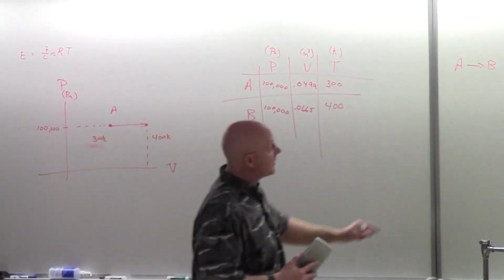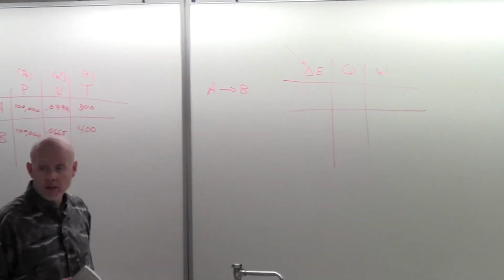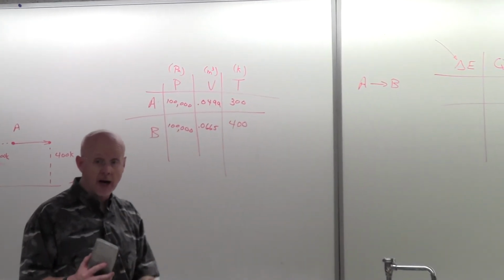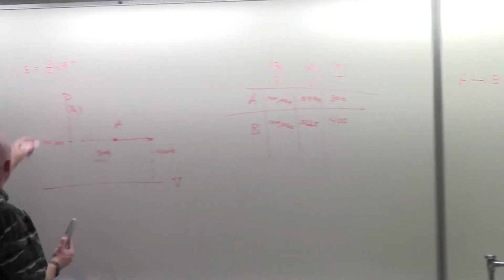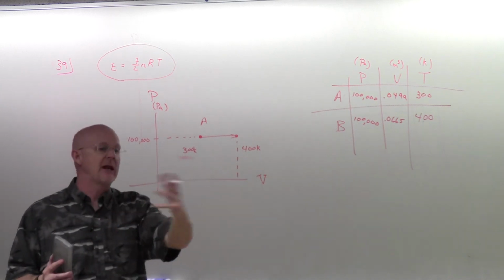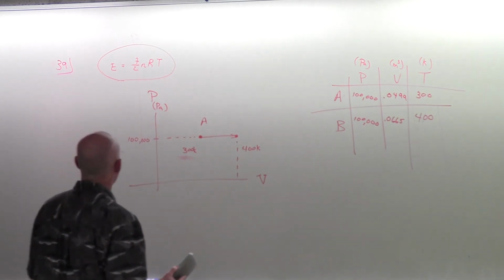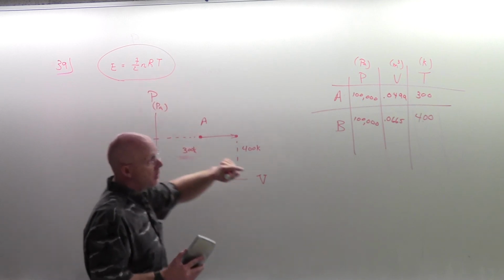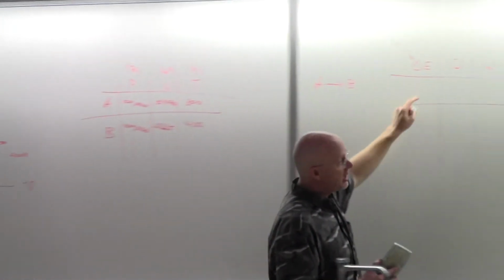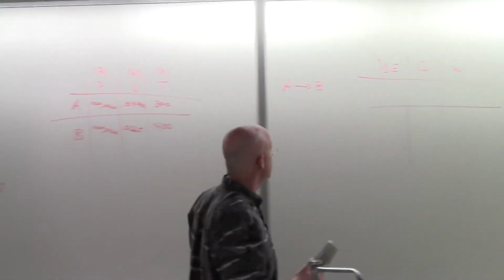Now again, I think the best one to focus on is right here, because if you know CV, you got it. And in fact, in this problem, they gave me one deliberately that was out of the normal so that I wouldn't just fall back on something I've done in the past and said, this is the change in internal energy. So as I use this equation right here, the change in temperature is 400 to 300.